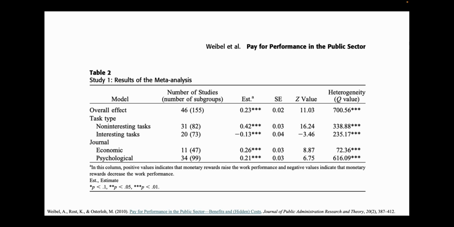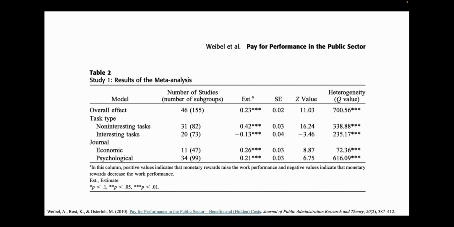So based on previous empirical studies, the meta-analysis shows you actually need to divide the tasks into two different types. One is boring, routine, tedious. It's not that interesting, right? And the other one is interesting tasks. So if you look at this, you'll find pay for performance actually will distort, especially for the interesting tasks.